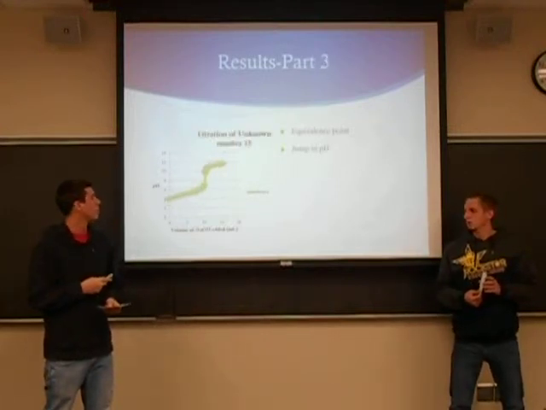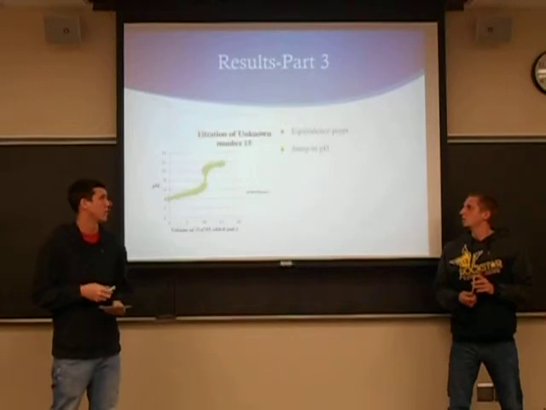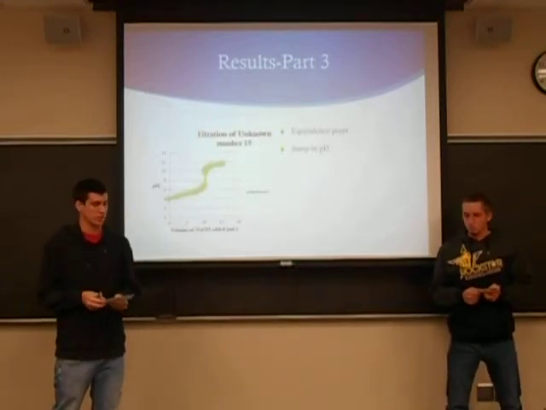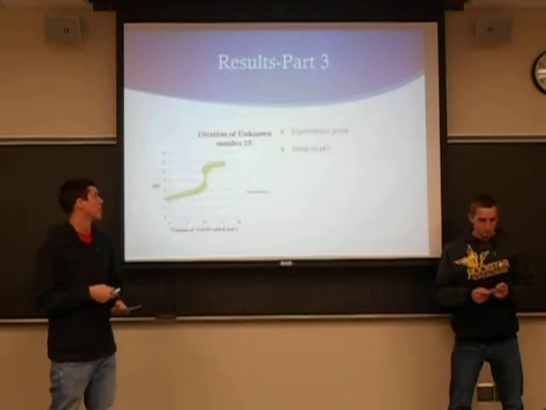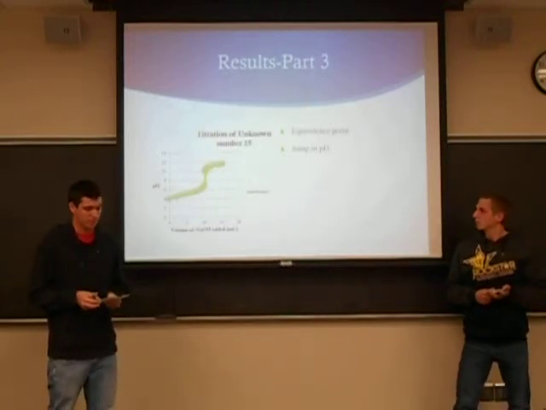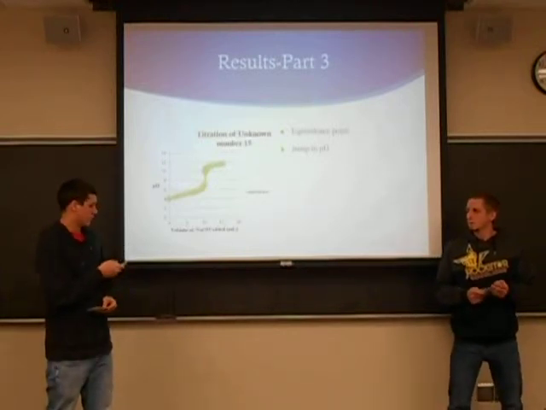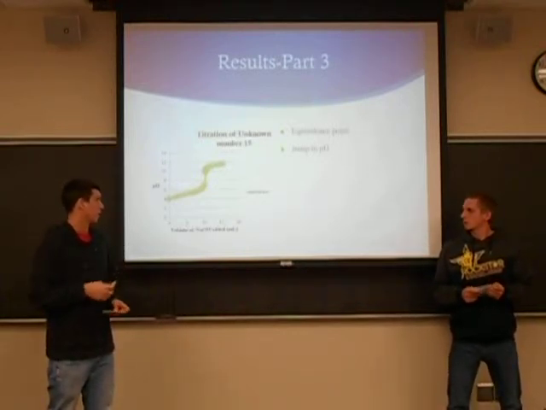Then part 3 was the unknown, and me and Troy both did an unknown, but for the purpose of this presentation, we'll just be talking about mine, which was unknown number 15. And the equivalence point for this one was right here, around 10 too.